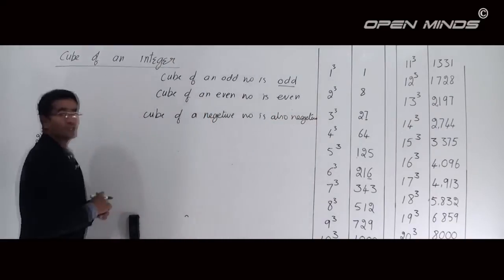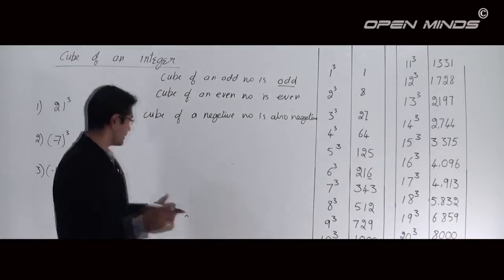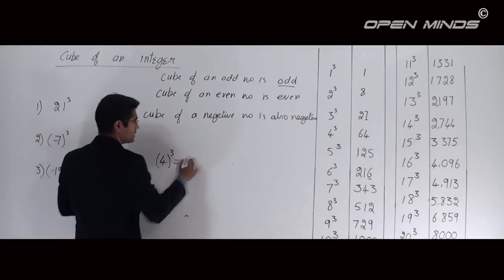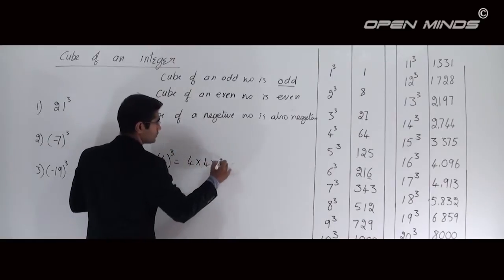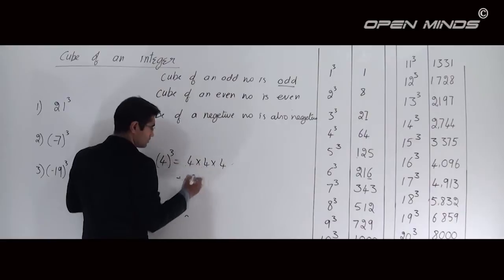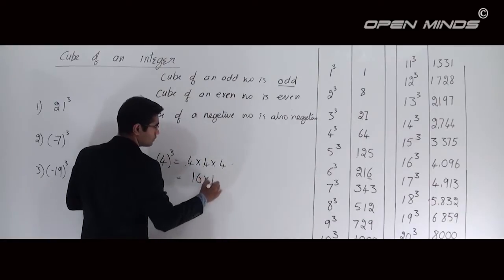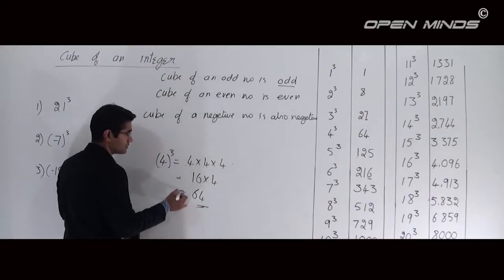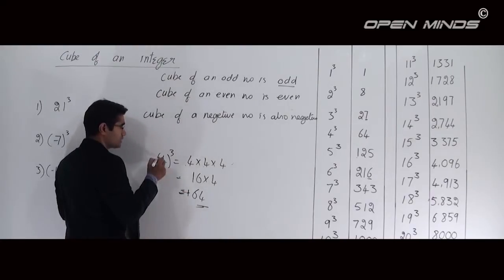Good enough. So what's up with the cube of a positive number? Let's check that. If you take 4 cube, what's 4 cube? 4 times 4 times 4, and positive into positive, you get 16 times 4 is 64. We already did this, but I can see the answer, the sign is positive, and this is also positive.